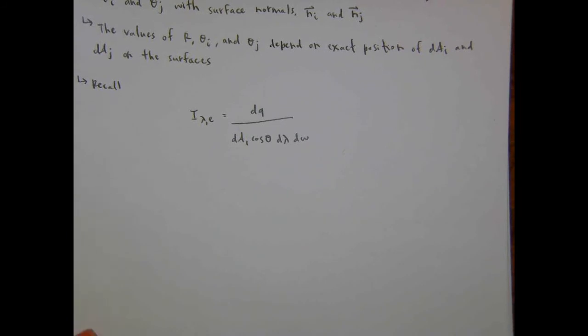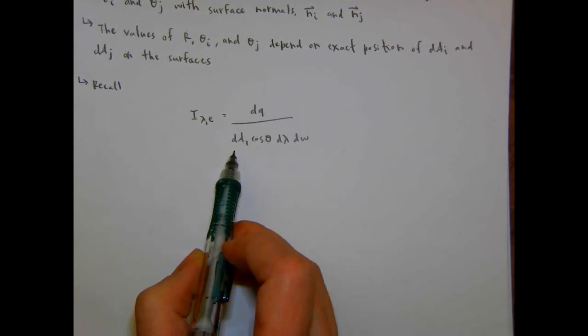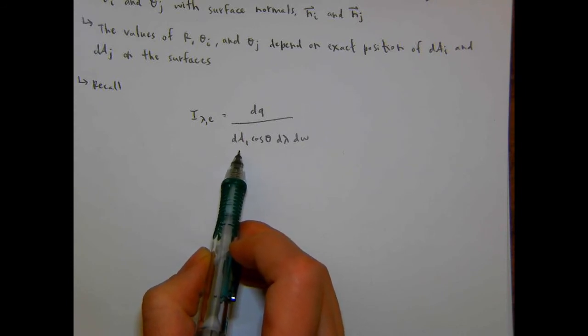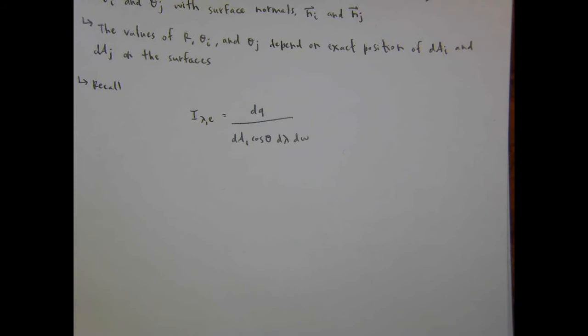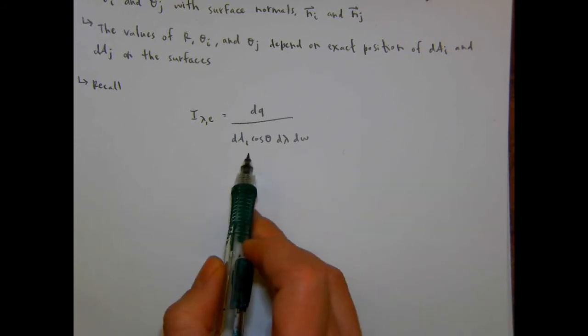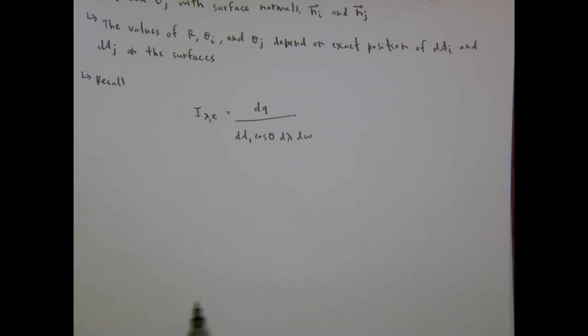So we're interested now in how quickly the radiation emitted from this surface, A sub 1 or A sub i in our case, is intercepted by A sub j. So we're going to modify this equation to be relevant for the problem we're looking at: how much is emitted by i and intercepted by j.